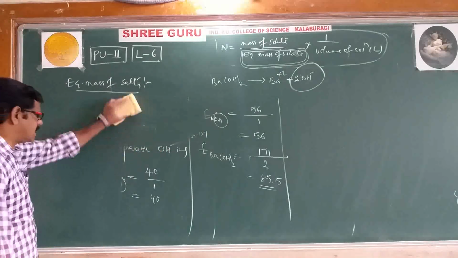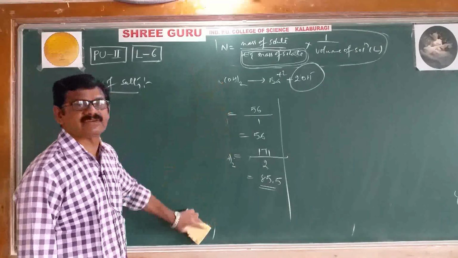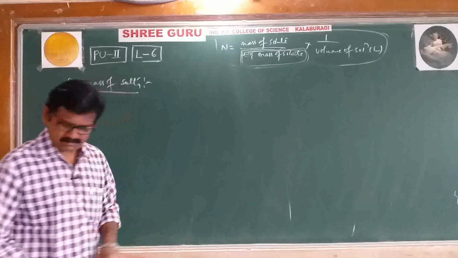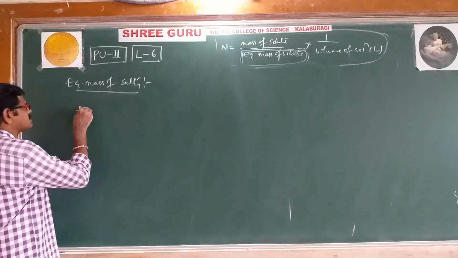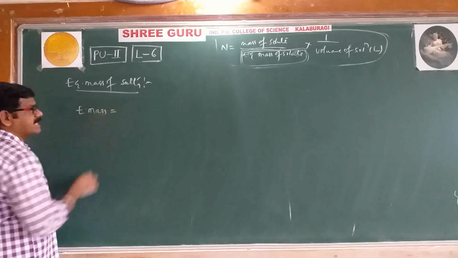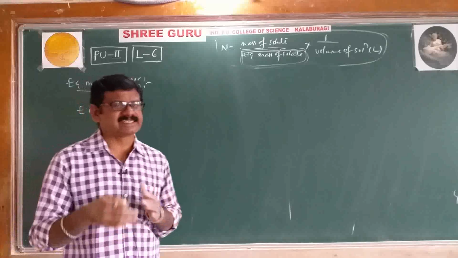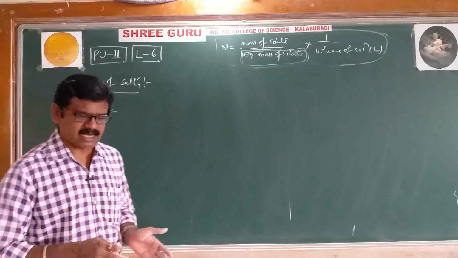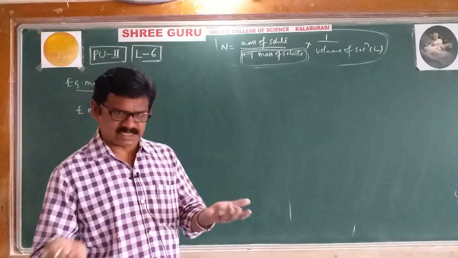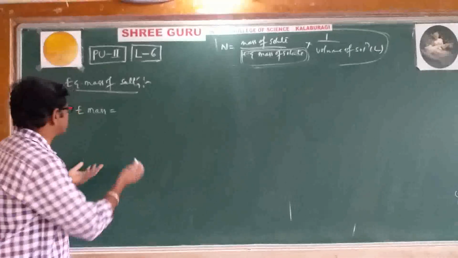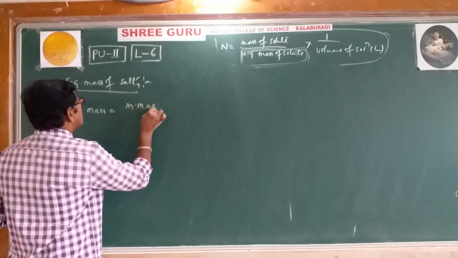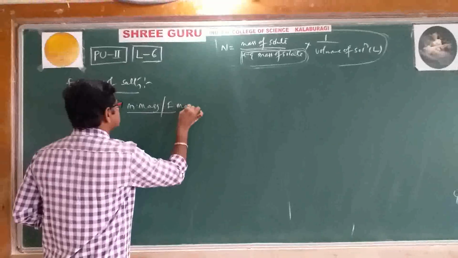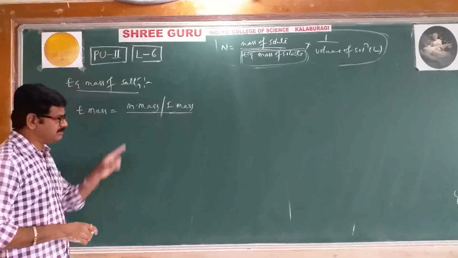Equivalent mass of salts. I will write the specific formula again. What is the specific formula? Equivalent mass is equal to, as far as salts are concerned, instead of molar mass we will use the word formula mass. Of course, molar mass and formula mass are both the same. If you are getting confused, you can use molar mass only, it doesn't matter. I will write formula mass, divided by the n factor.